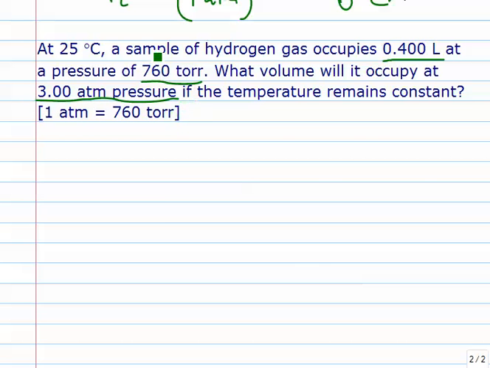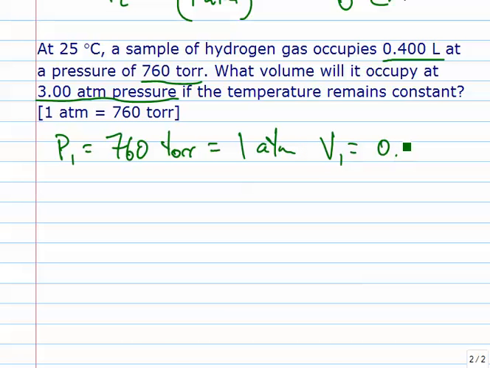The first thing we need to do is recognize that we need to be using the same pressure units. 1 atmosphere is 760 torr, so P1 is equal to 760 torr, which is equal to 1 atmosphere. V1 is equal to 0.400 liters, and P2 is equal to 3 atmospheres. This is basically the reverse of the problem we just did.